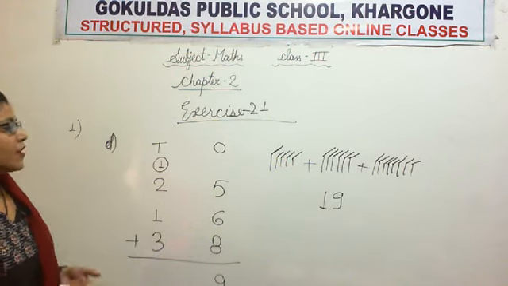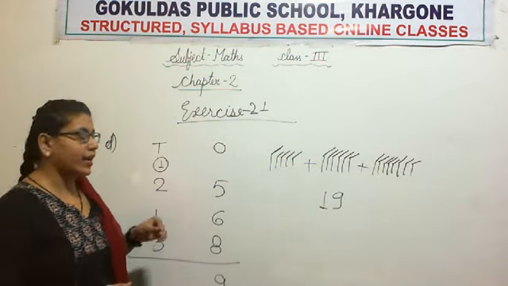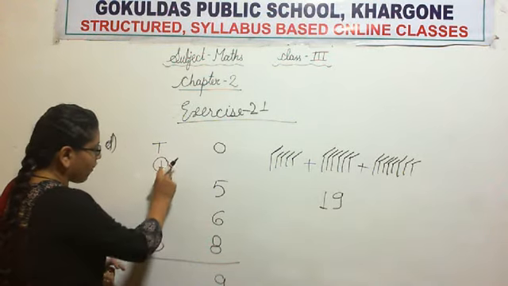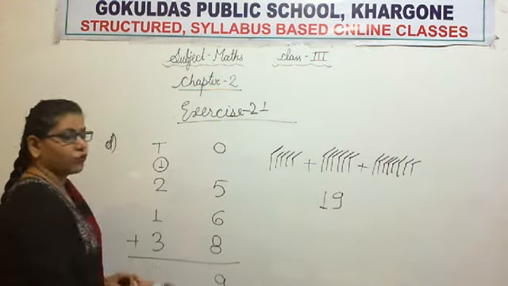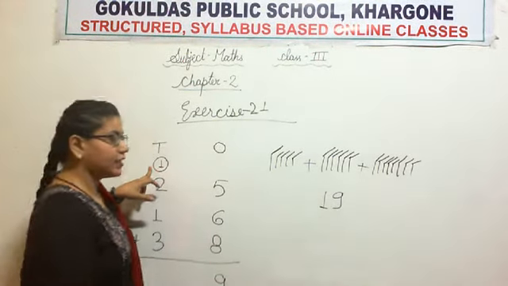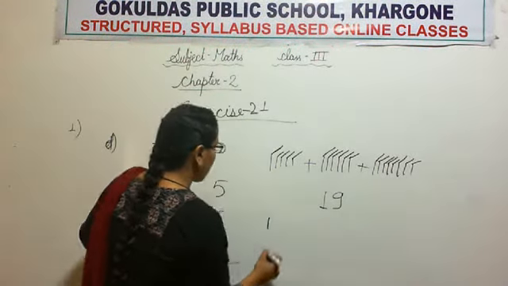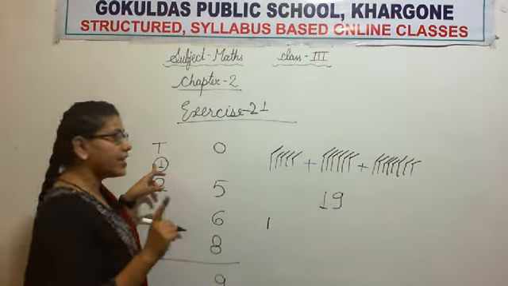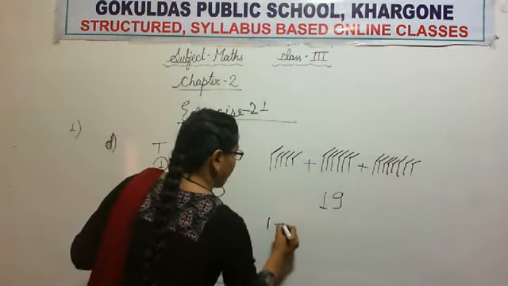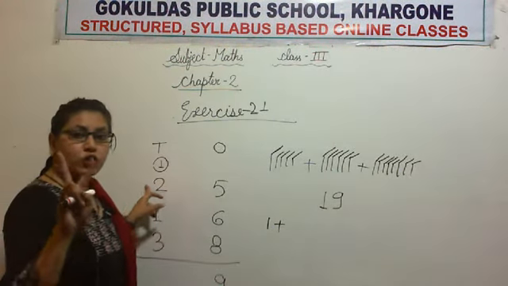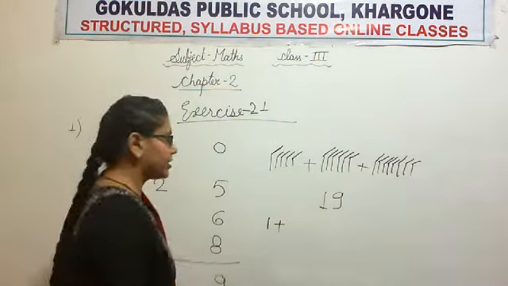So now we will add tens and tens. So let's see how many digits are there. 1, 2, 3, 4. So we will add 4 digits. We will start from the very first digit, which is carry. So what is the carry? 1. So the very first number is 1. So we will draw 1 stick, then we will put plus sign and the second number is 2. So we will draw 2 sticks.